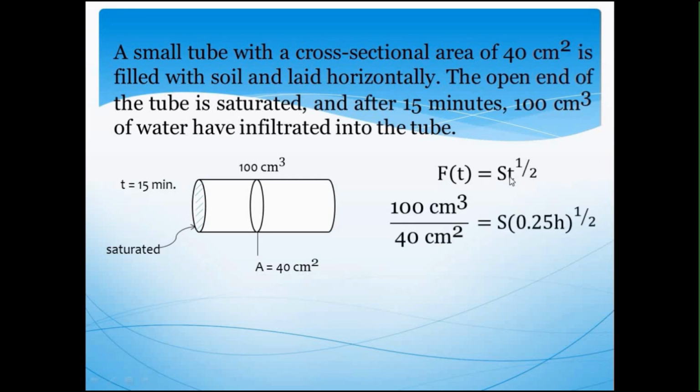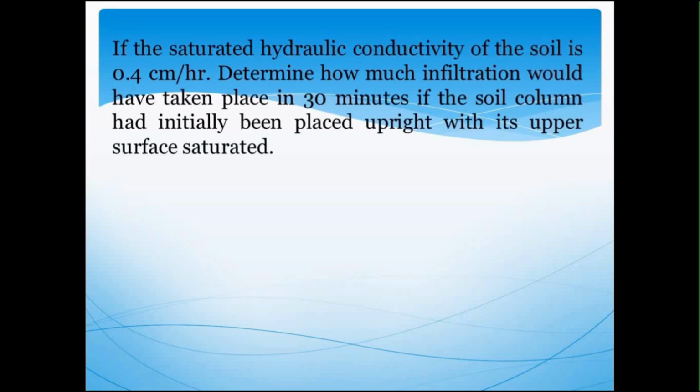The cumulative infiltration is the water that has infiltrated over the cross-sectional area of the tube, equals S times time, which is in hours, raised to 1/2. Simplifying that, we'll get 5 centimeters times hour raised to negative 1/2.